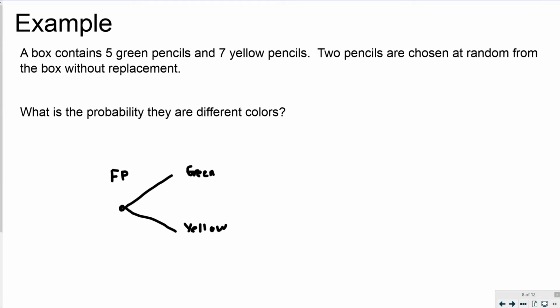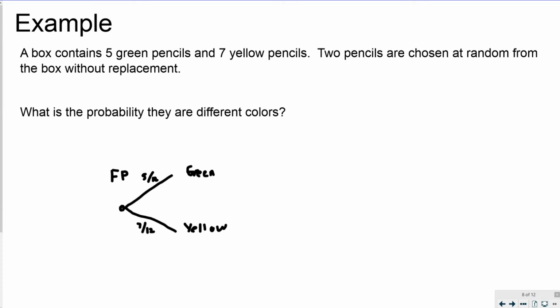The green has a 5 out of 12 chance of happening, because there are a total of 12 pencils. And the yellow has a 7 out of 12 chance of happening. So those are the 2 probabilities that represent our first pick.